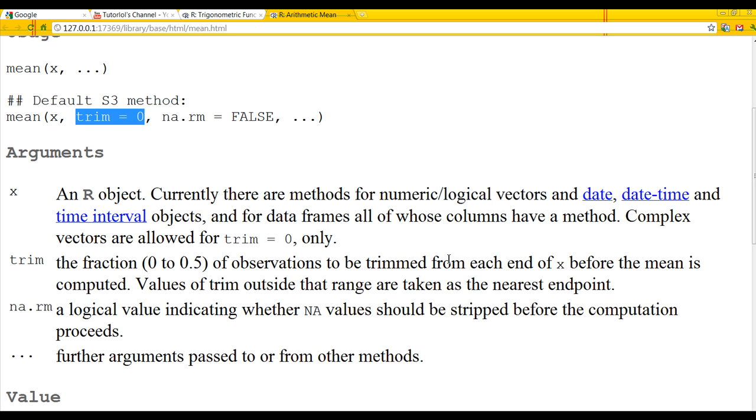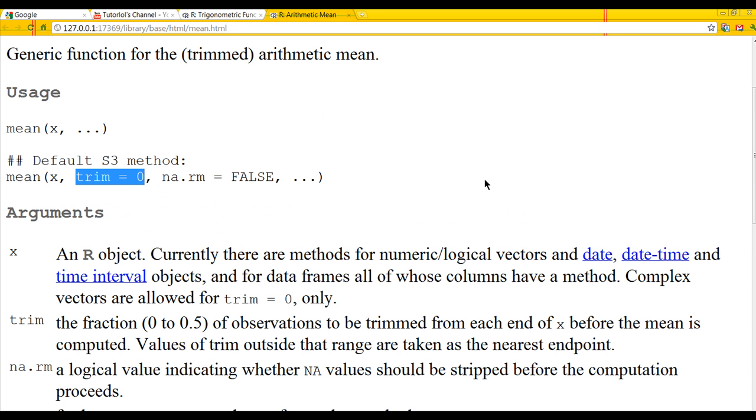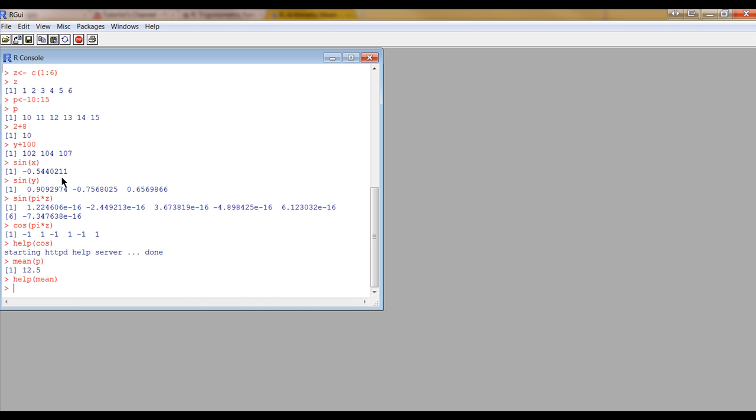Okay, complex trim, the fraction 0 to 0.5 of observations to be trimmed from each end of x before the mean is computed. So this is just something that we don't have to worry about always, but you might want to do something like this. So if you go back to the here, suppose you just wanted the mean from 11, 12, 13, 14, you didn't want to use the last, this one, the 10, and the 15.